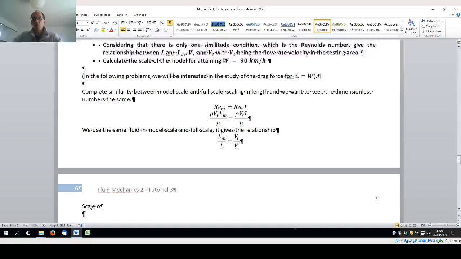To obtain the scale of the model, we need to fix the velocity of the real car. Velocity of the real car equal to what is named W, which is 90 km/h.